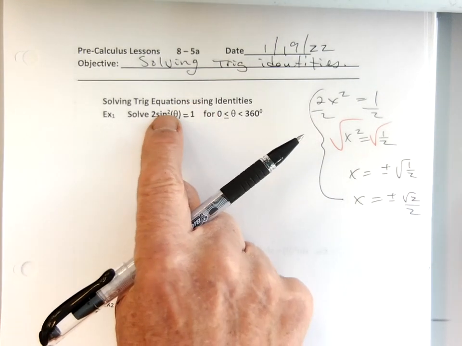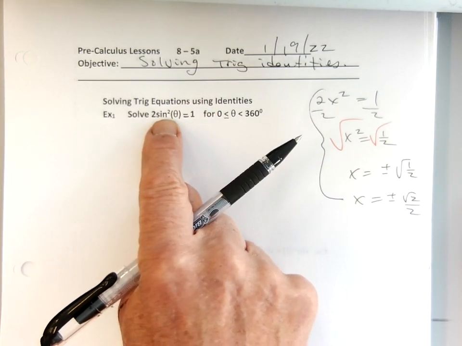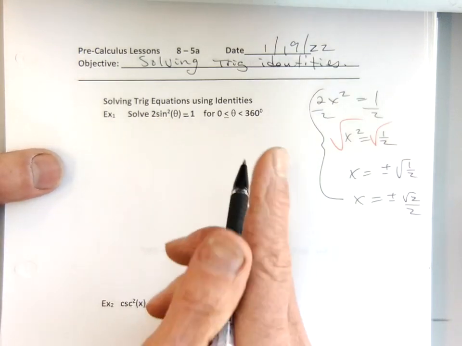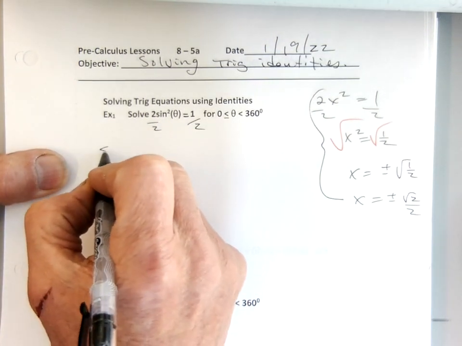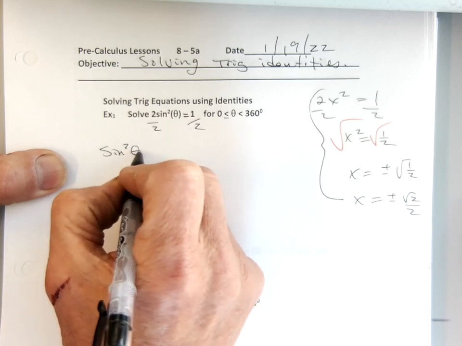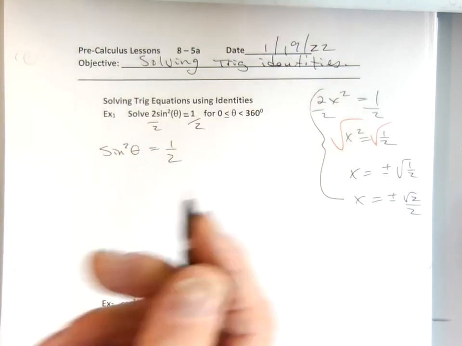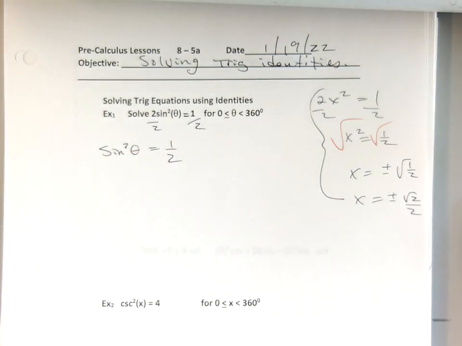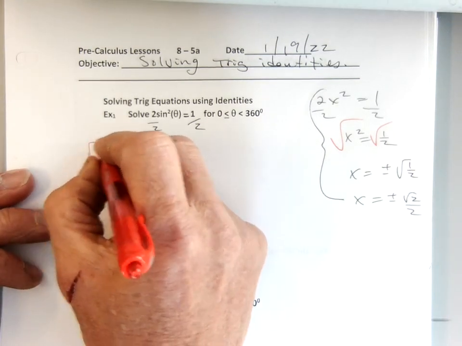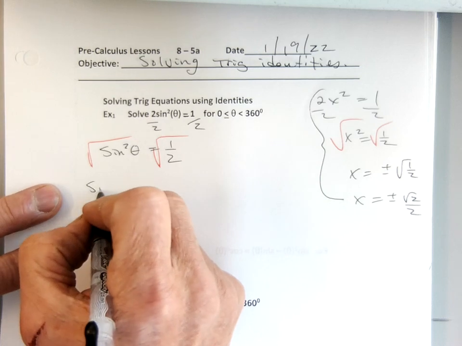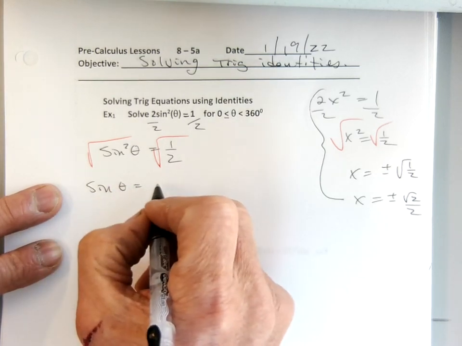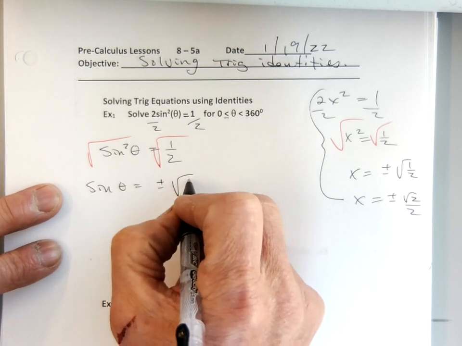Well, let's do this algebra, but with the sine, okay? So let's solve. Divide by 2: sine squared theta is equal to 1/2, right? We're going to square root, and two answers. So we get sine of theta equals plus or minus the square root of 1/2.